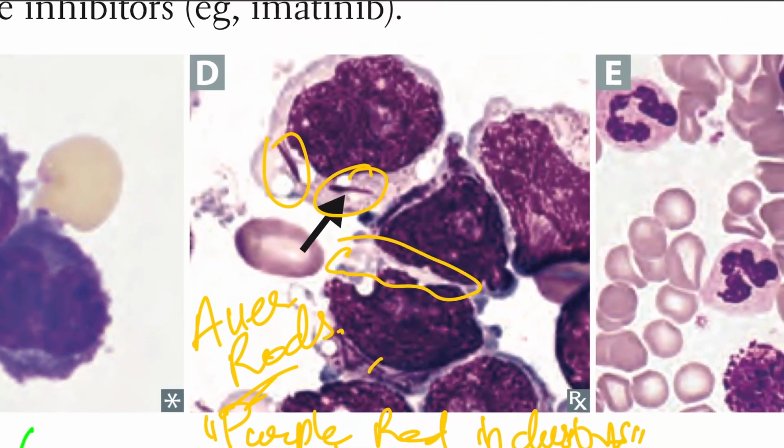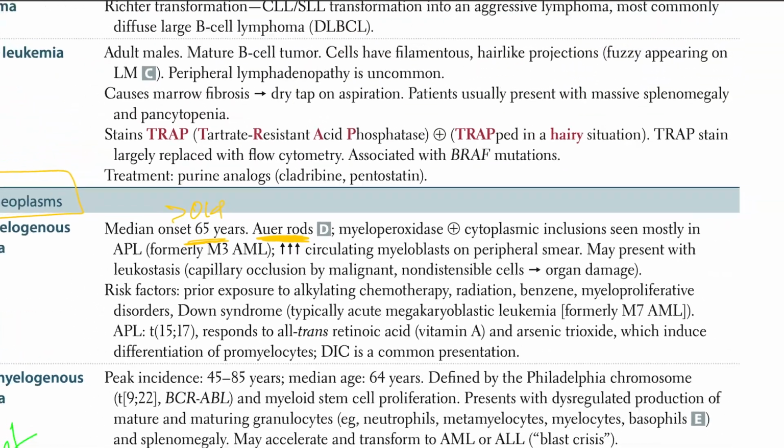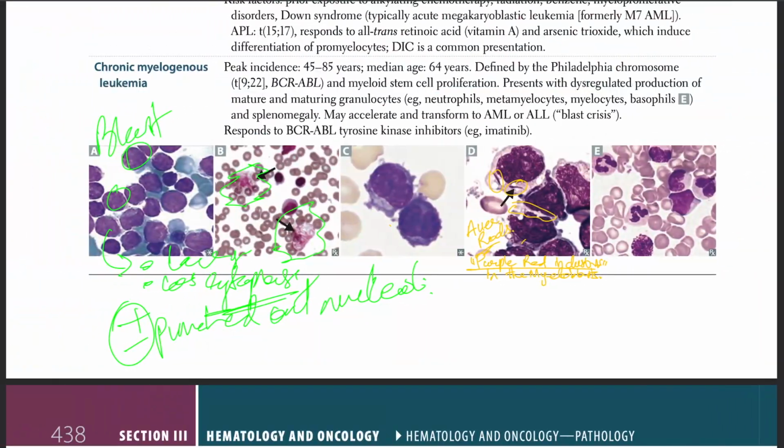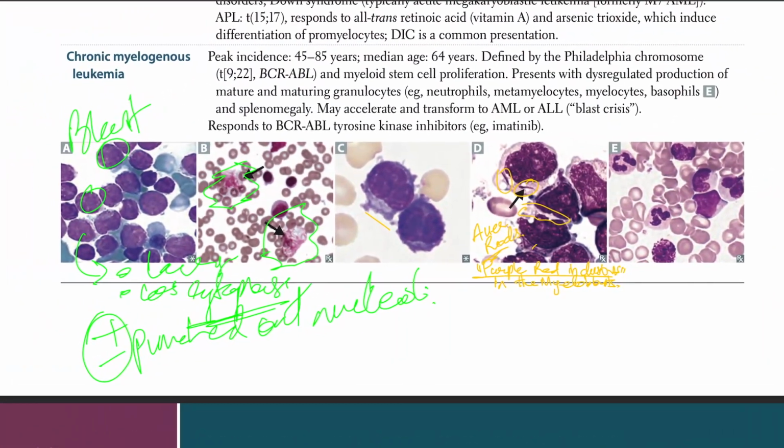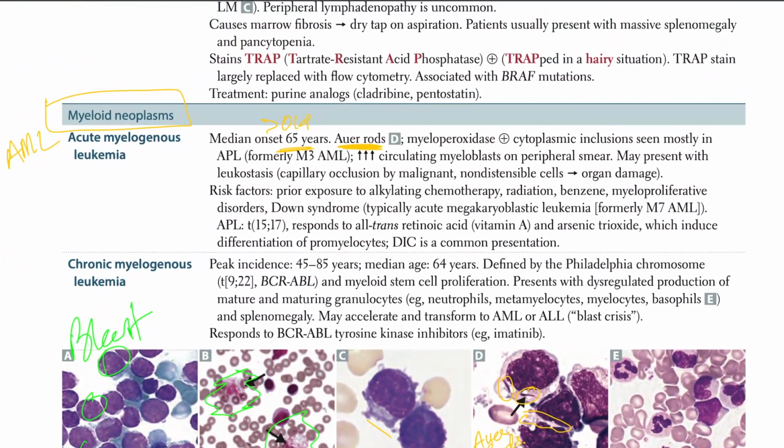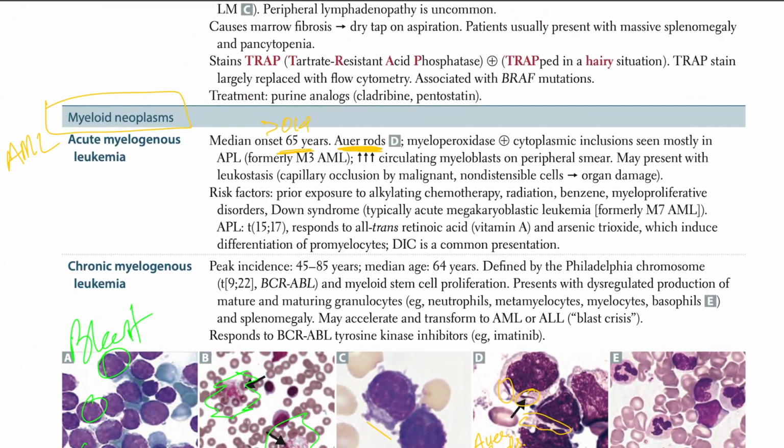Going back to the Auer rod, you have myeloperoxidase-positive cytoplasmic inclusions.